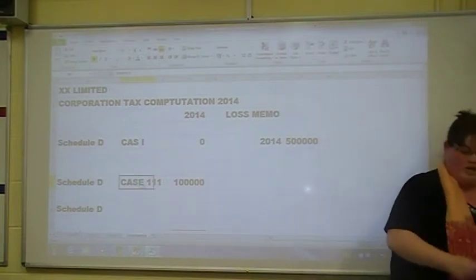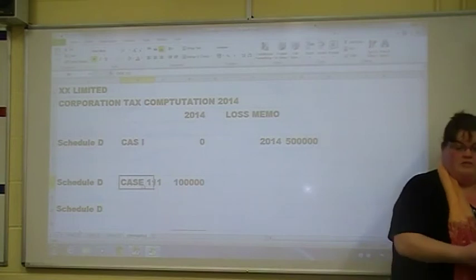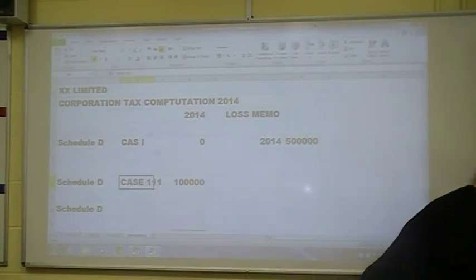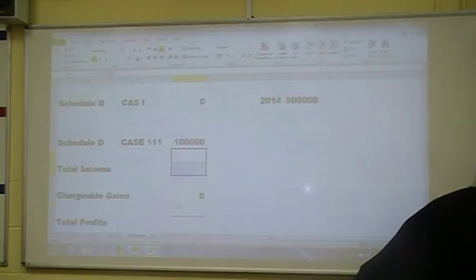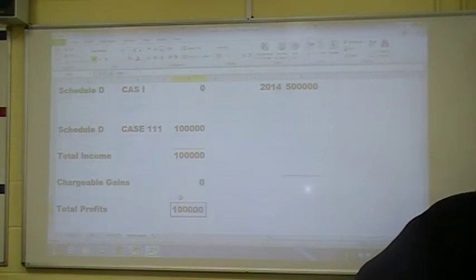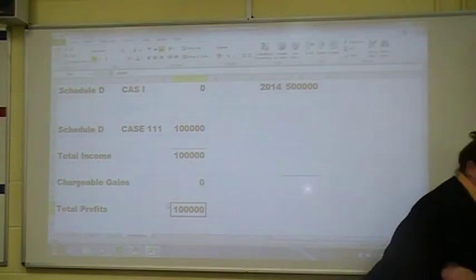And we've got non-trade charges of 50,000. Okay, so let's work out here. We've got our case 3, which gives us total income of 100,000. Chargeable gains is 0, giving us total profits of 100,000.